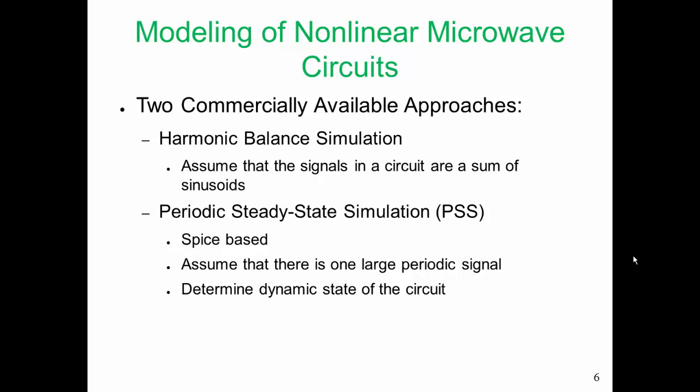The reason why harmonic balance works so well for a large number of RF circuits is that many of our RF circuits, especially our microwave circuits, consist of a large number of linear elements but very few nonlinear elements. That is, few transistors, few diodes. In fact, the ratio could be as much as 1,000 to 1. We could have 1,000 linear elements for each nonlinear element.